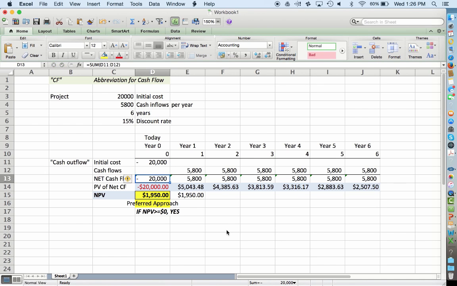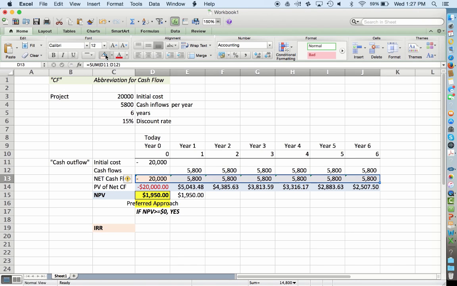Okay, so NPV is one of the evaluations that we do to look at the investment. The other is the internal rate of return. We talked about that. Now, the internal rate of return, it actually uses the net cash flows.